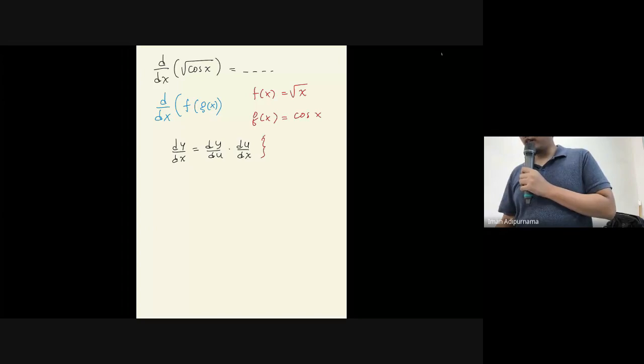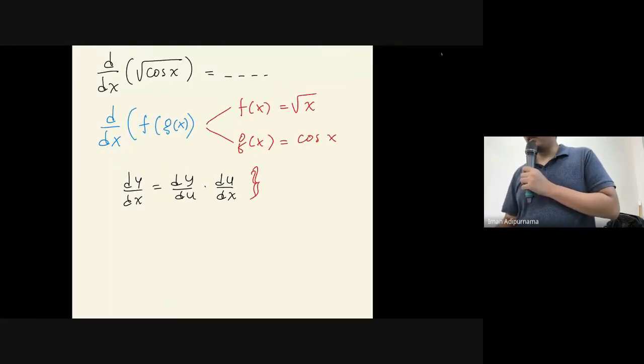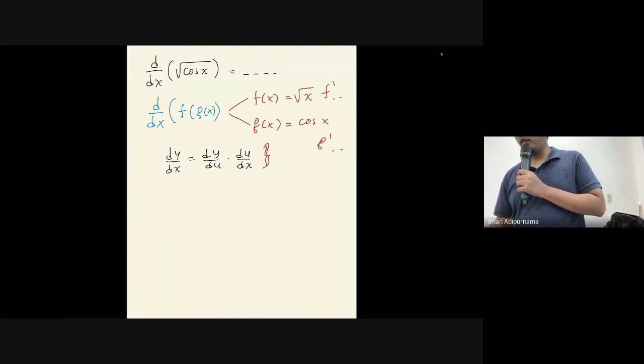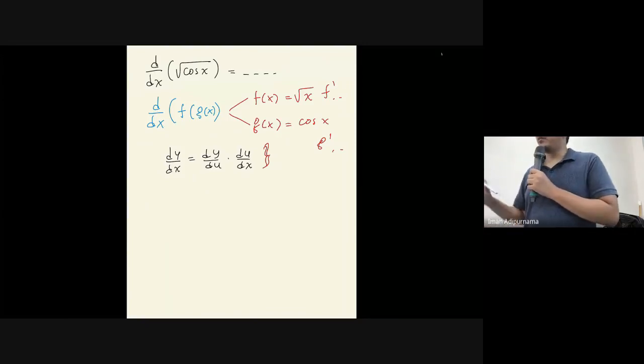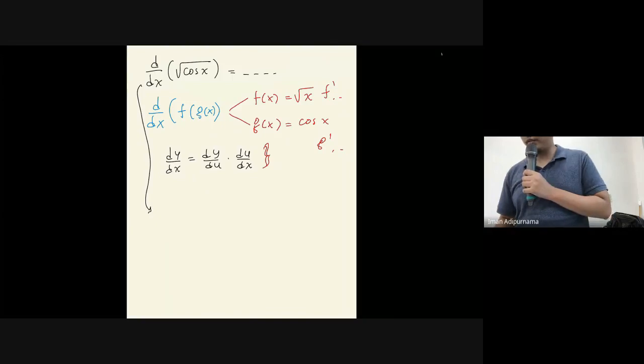So you can also write in this form like this one, or you want to write one by one. You need to define your f, your g, and then find f prime, find g prime. This also can be done, and you will have your answers. Okay. But if you want to just directly derive, because it's not too complicated, you can also do that. So it will be this, right?